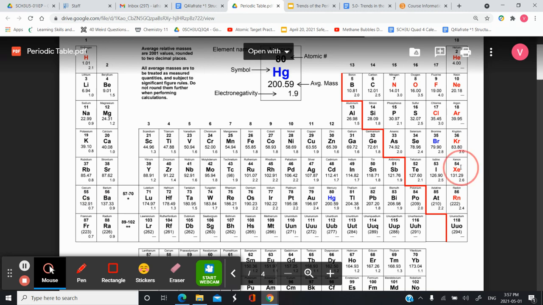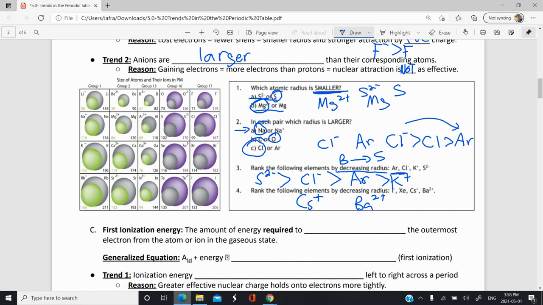And so they have the same number of shells as xenon now. And so what that means is that they're smaller than xenon because they have the same number of shells as xenon, but they have more protons and that positive charge pulling the electrons in even closer than xenon. Xenon has fewer protons, and it doesn't even have a positive charge to pull those electrons in very closely. So xenon would be larger than those two ions.